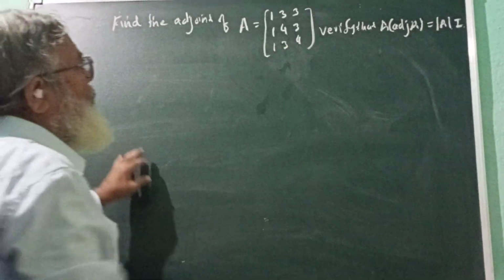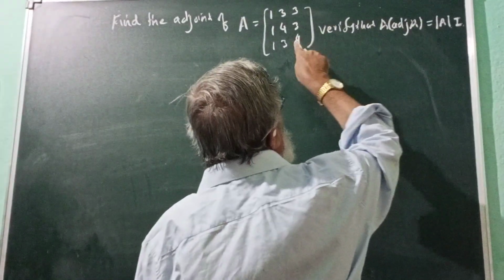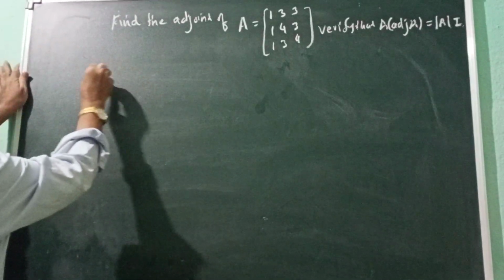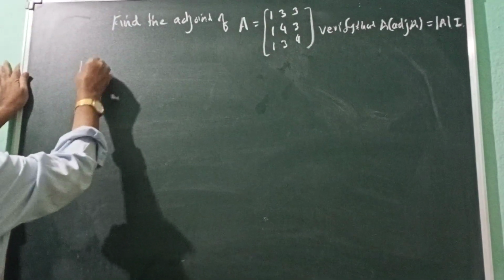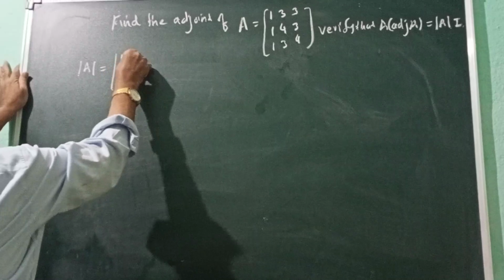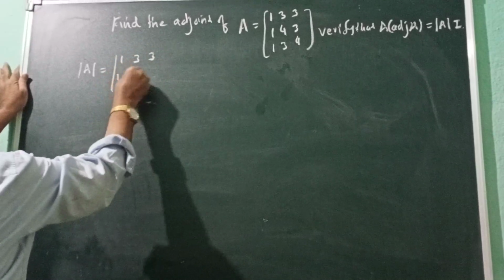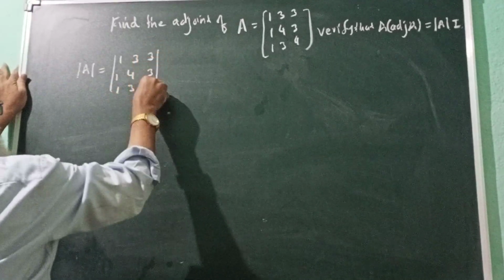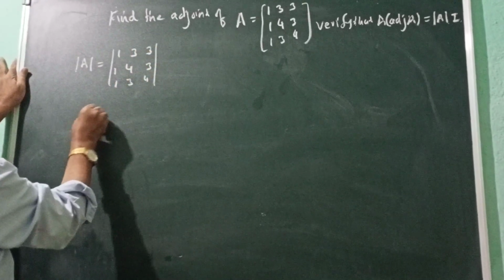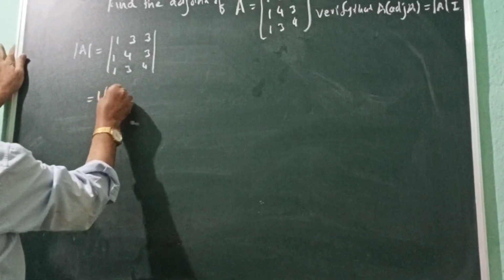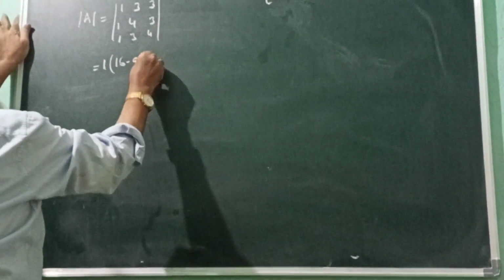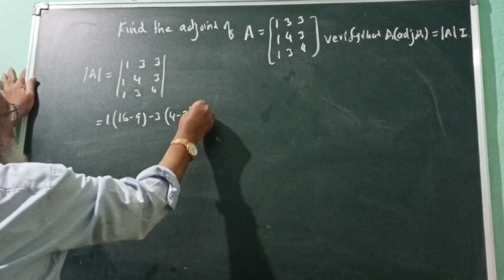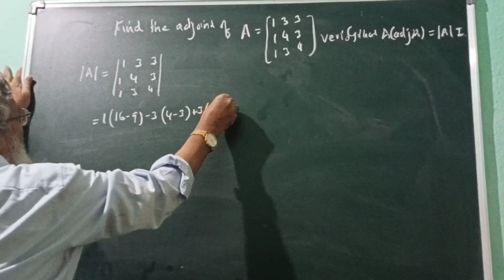Now you see here, because the determinant of A is needed, first let us find the value of the determinant of A. It is a matrix, and we convert it into a determinant. Expand the determinant: 1 into 16 minus 9, minus 3 into 4 minus 3, plus 3 into 3 minus 4.